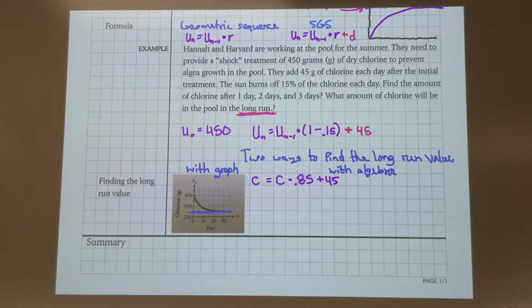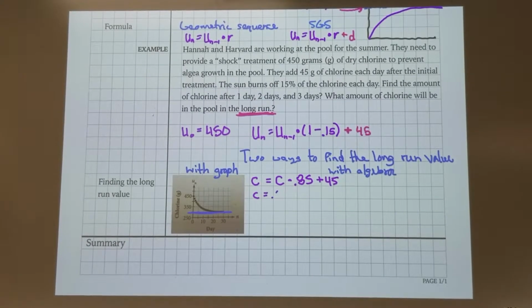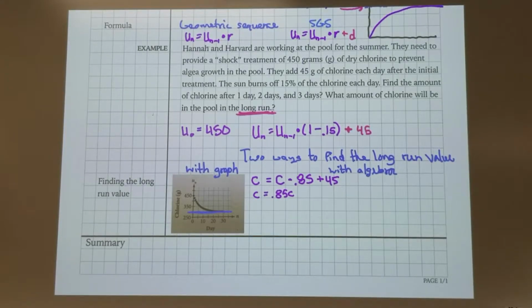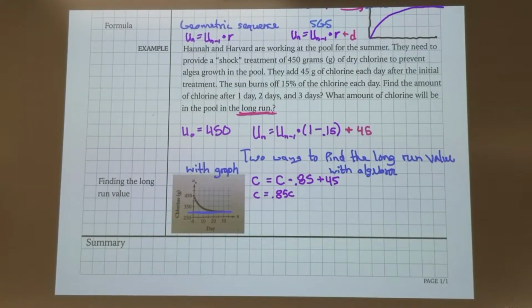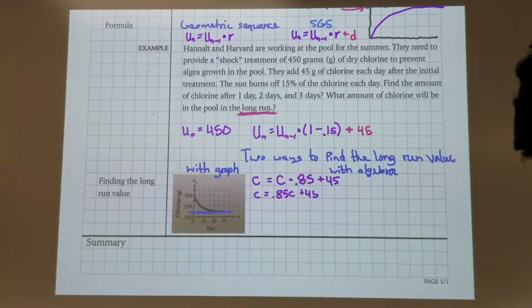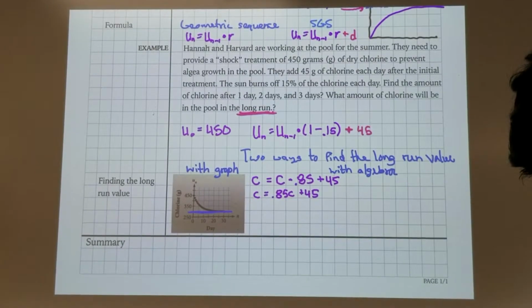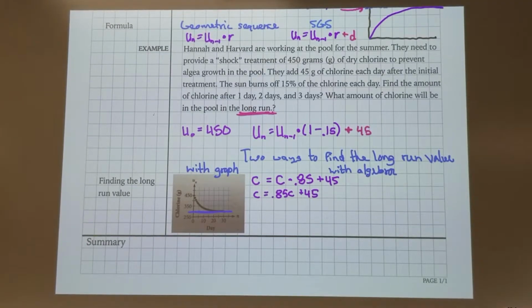So instead of writing u sub n and u sub n minus 1, I'm just going to put variables. Now I have c equals 0.85c plus 45. I'm just rearranging: c times 0.85, I'm going to write 0.85 times c plus 45. You know how to solve that? What's our first step? We need to get c on the same side.